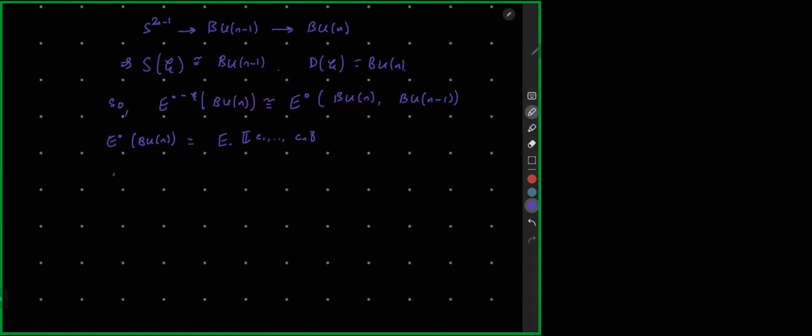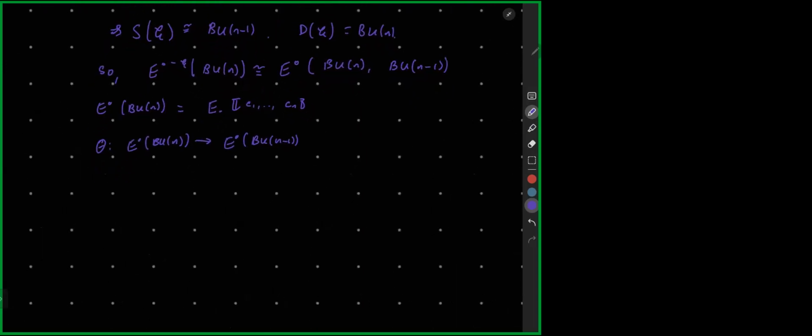And the restriction map, so I'll write theta, from E^*(BU(n)) to E^*(BU(n-1)) is a surjection, and this sends c_i to c_i.